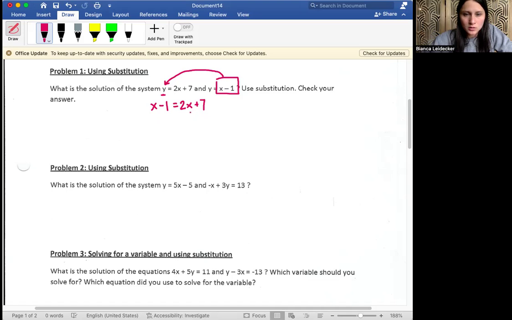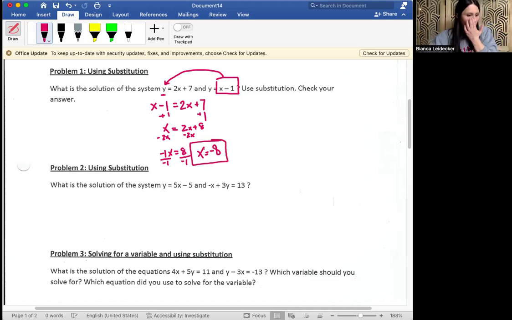I'm going to add 1 on both sides. x equals 2x plus 8. And then I'm going to subtract 2x. I have negative x equals 8. Divide by negative 1. Kind of went about this in a roundabout way, but x equals negative 8.